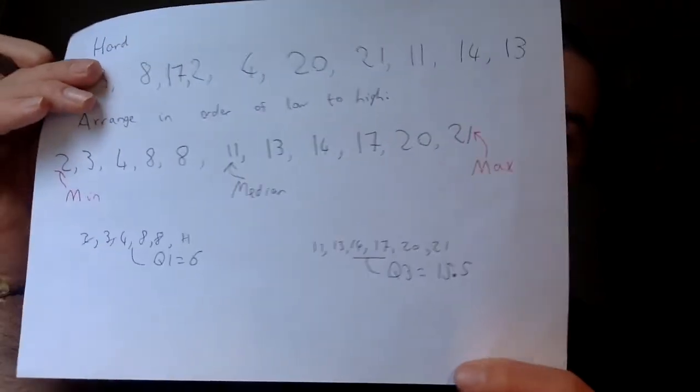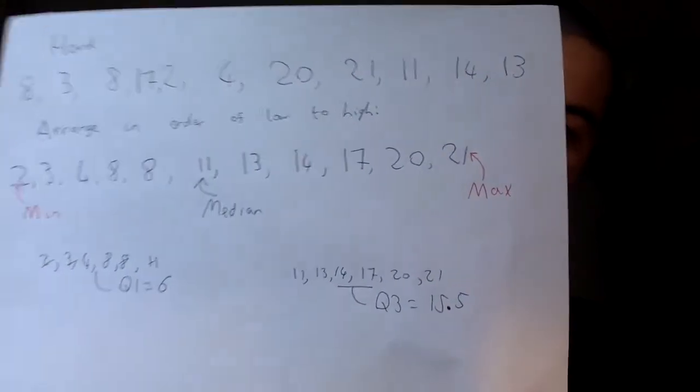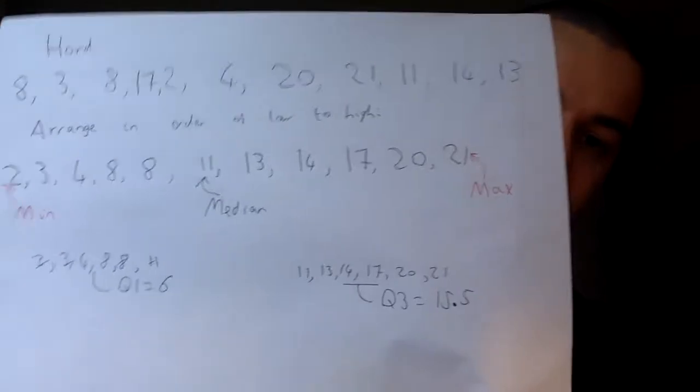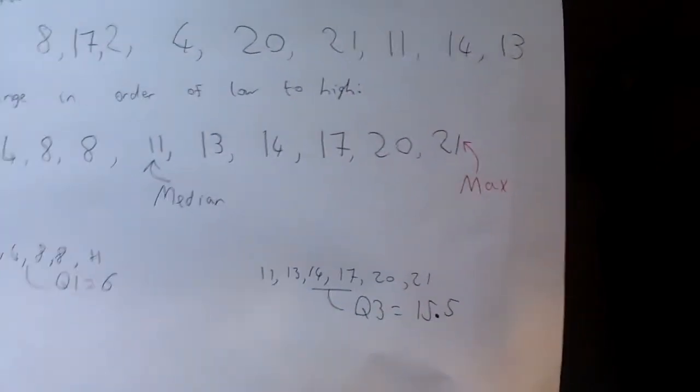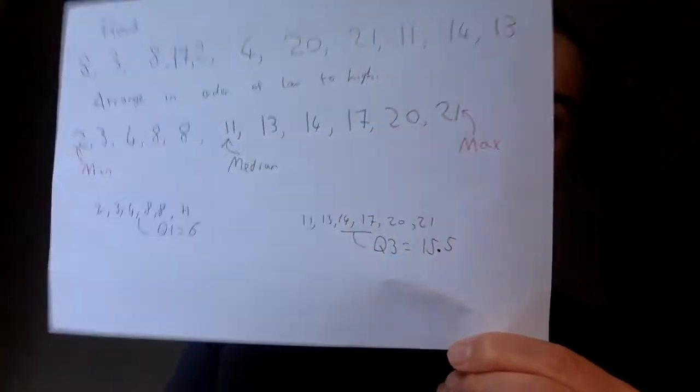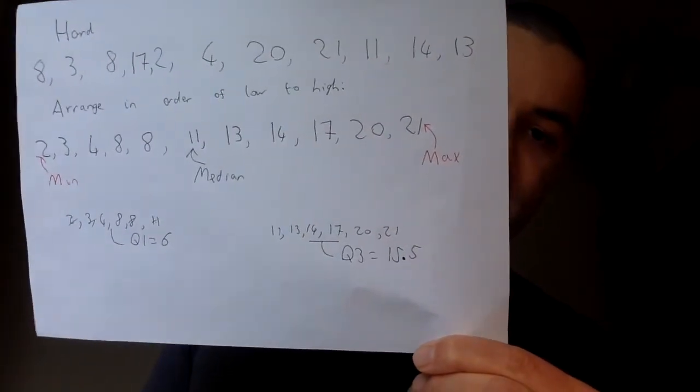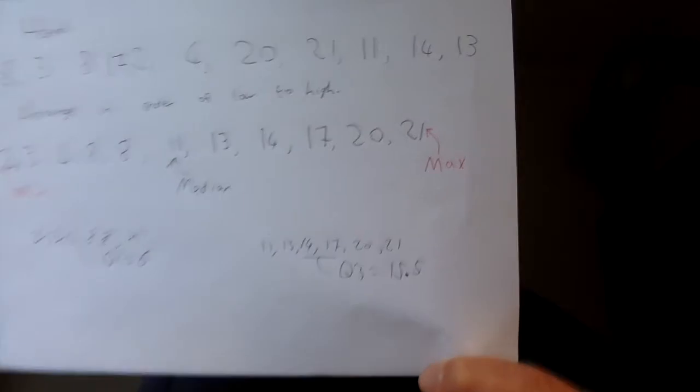So there we go. I've got everything I need now. I've got my minimum, I've got my Q1, I've got my median, I've got my Q3, and I've got my maximum. So once again, I'm just going to plot those onto my graph. So 2, 6, 11, 15.5, and 21. Bear with me a second while I do that.